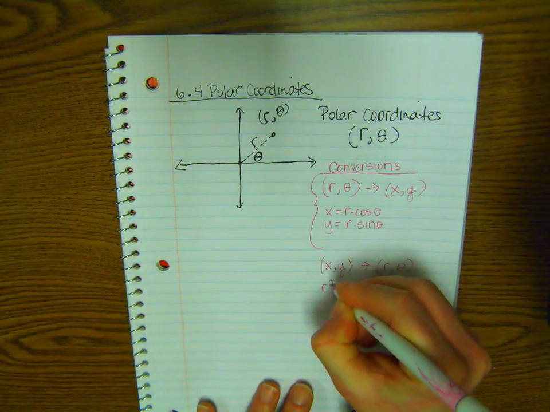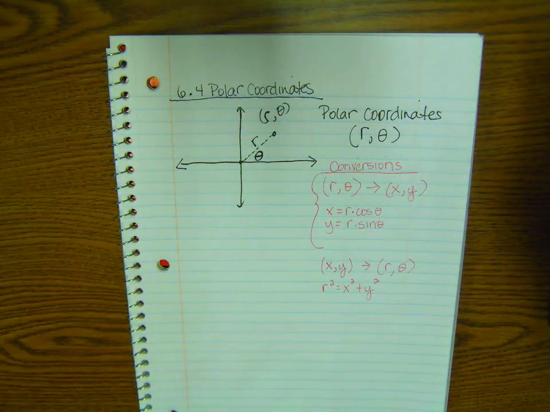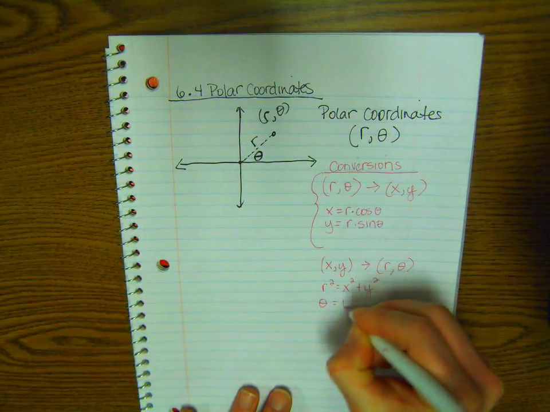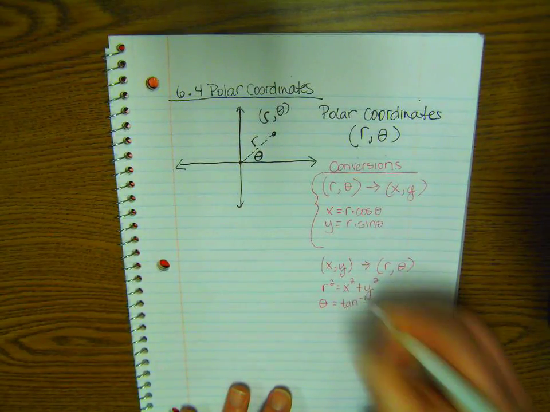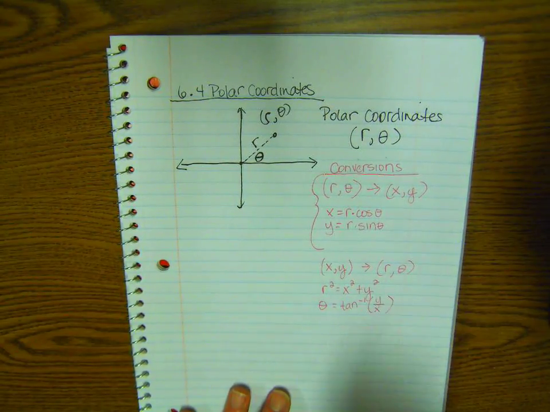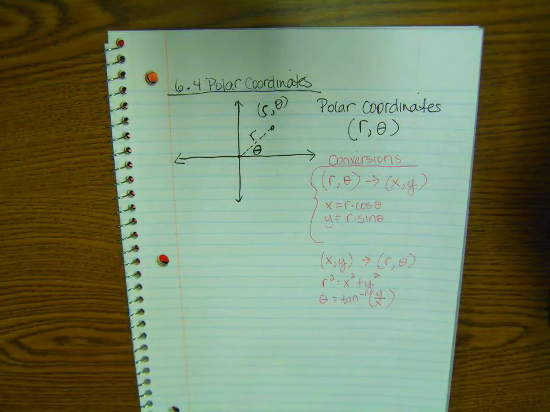So r squared equals x squared plus y squared, right? Then you take the square root. And theta is the tan inverse of y over x. And just remember that sometimes we need to add 180 if we're not in the right spot, just like before.